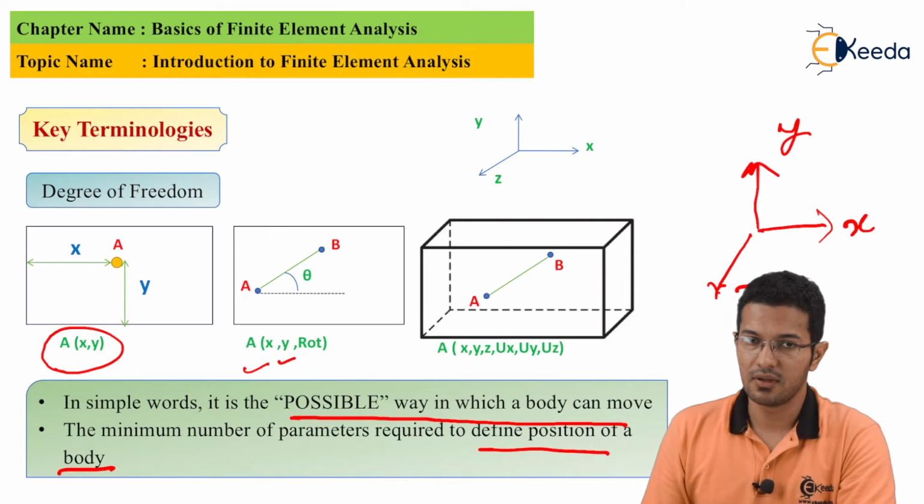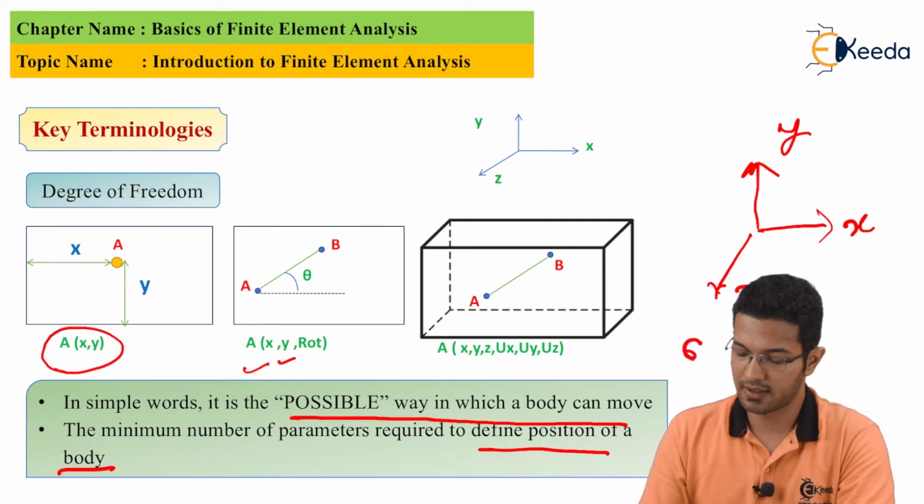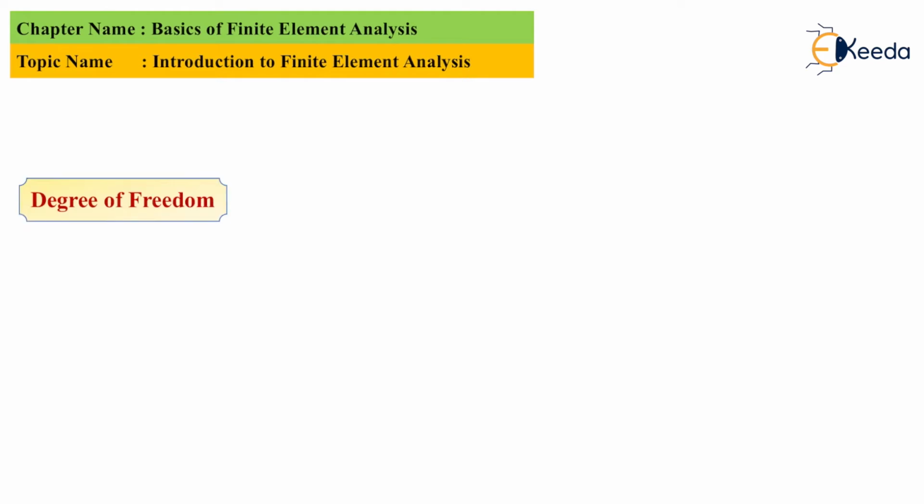In the second figure, we understood that it is having 3 degrees of freedom, that is 2 translation motions and 1 rotation motion. And in the third figure, we saw that it has 6 degrees of freedom. I can write it as 6 DOF because it is having 3 translation motions and 3 rotatory motions.